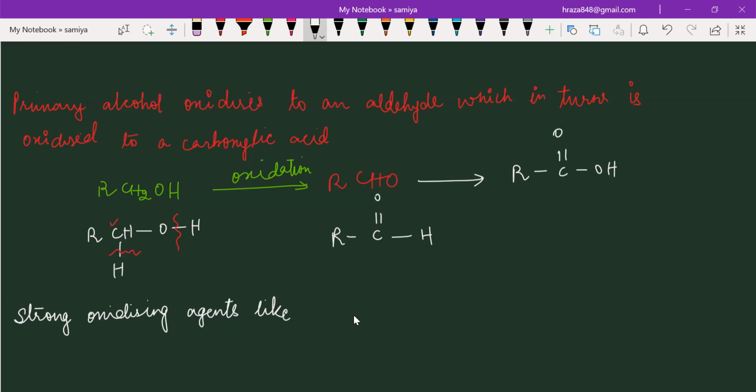Strong oxidizing agents like acidified potassium permanganate are used for getting carboxylic acid directly.